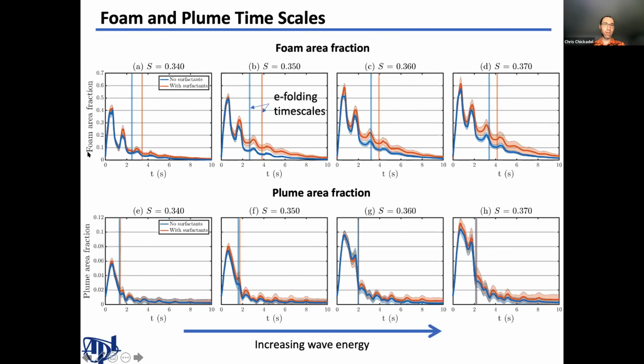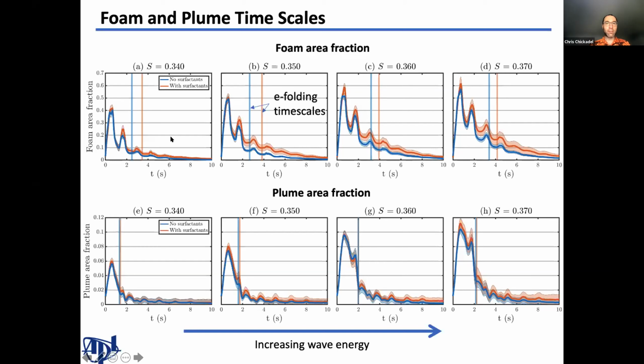There's foam fraction coverage. So this is the surface over time, and this is the integrated, so the ensemble averaged with no surfactants in blue, that's this trace, and the with surfactants in red, and it's increasing in wave slope, so breaking strength, as you can think about from left to right.